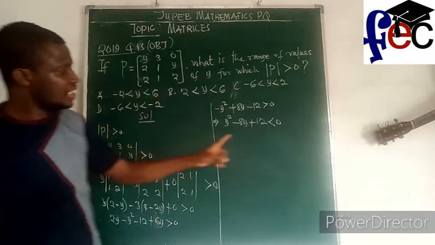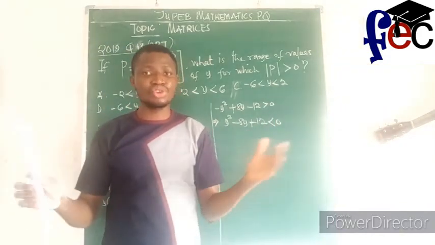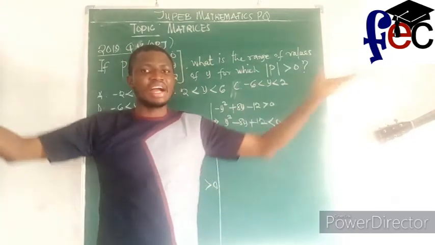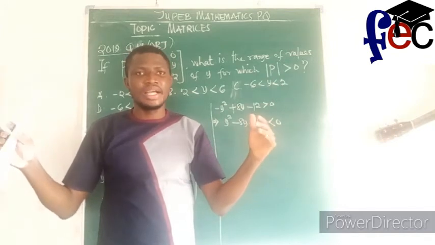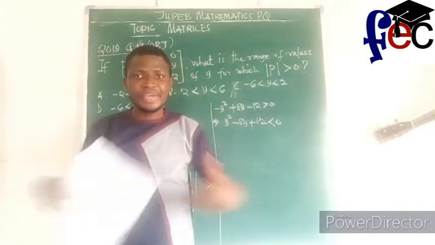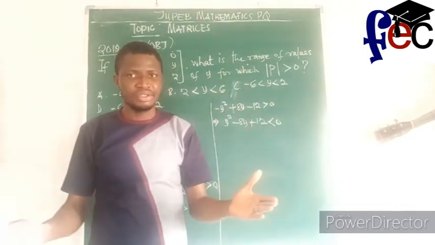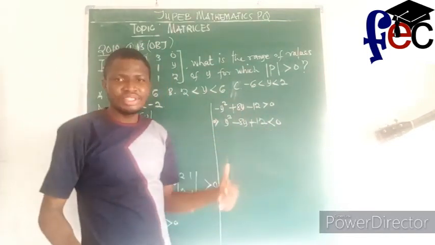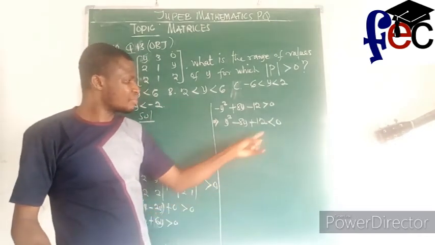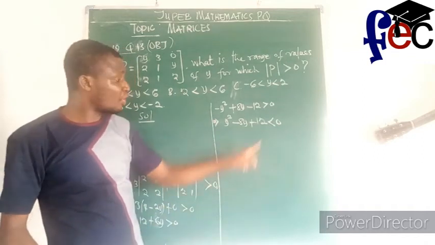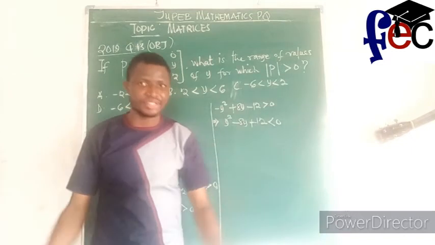But if it were greater than 0, that means your solution will diverge. Your solution will not be enclosed within two numbers or within boundaries. So in this case, if I want to solve this problem, I solve it as if I'm solving a quadratic equation. But because of this less than 0, I know that my result will be between two boundaries.